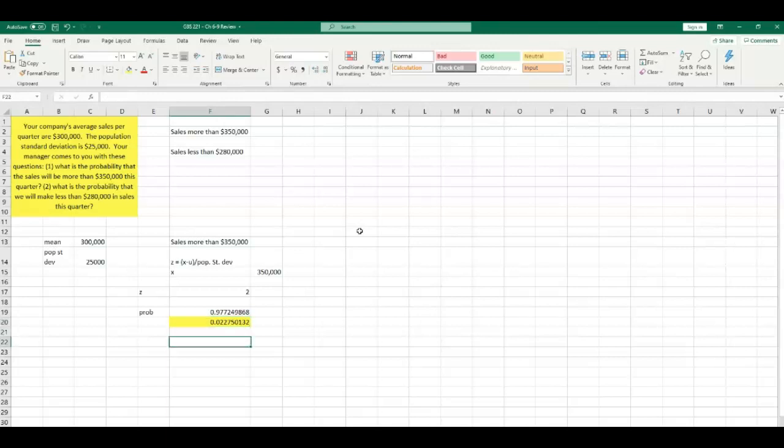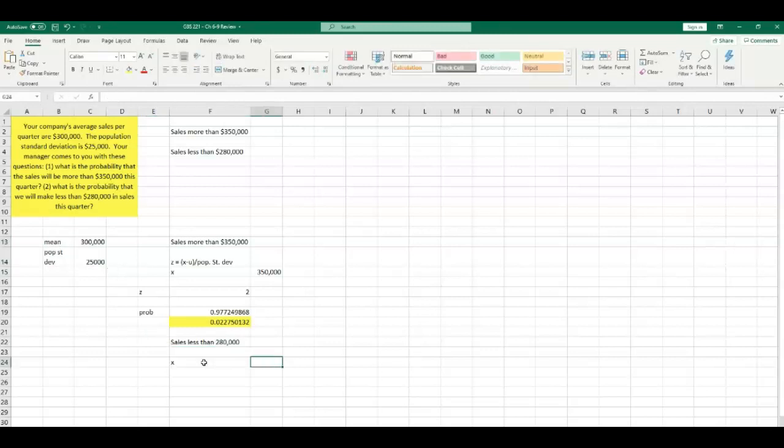So our next part, we're to figure out sales less than 280,000. What's that probability? Well, we're going to need to use that z-score formula again. Right? So we have that z-score formula up above, our x minus our mean divided by our population standard deviation. Again, we still have our mean and our standard deviation given to us. Here, our x is going to be a little bit different.